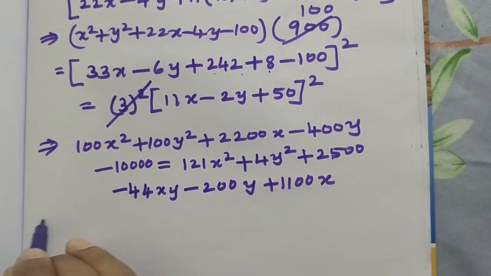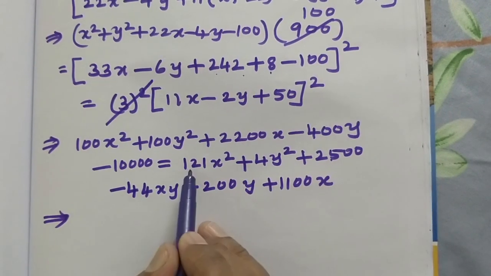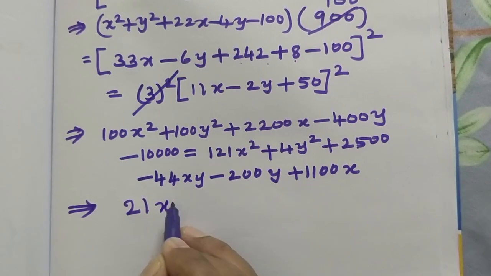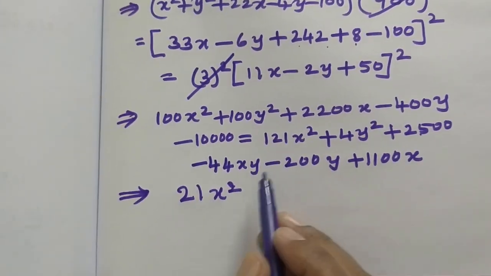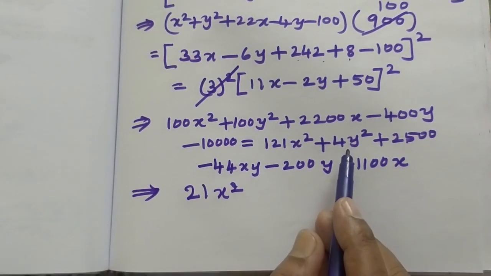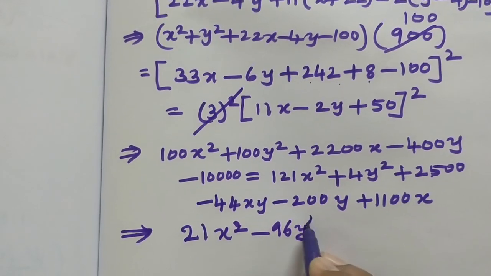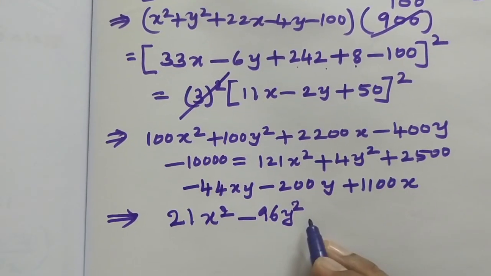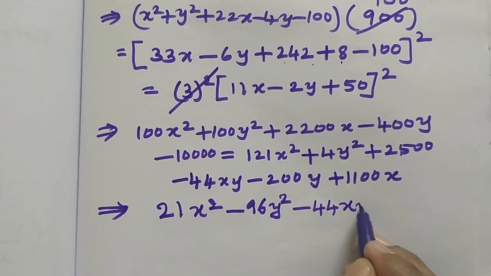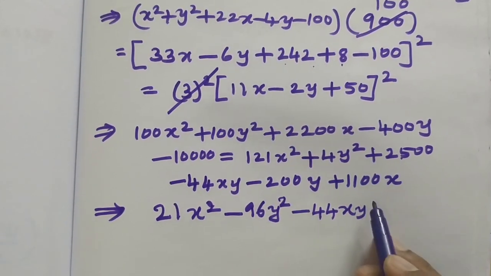Suppose I take all these terms to this side. 121x square minus 100x square gives you 21x square plus 4y square, this becomes this side, minus 100y square, that gives you minus 96y square. Then after I write minus 44xy, only one term this side, and then 2200x comes to this side, minus 2200x.